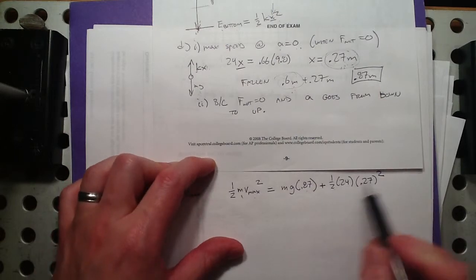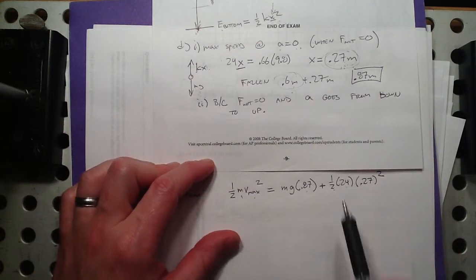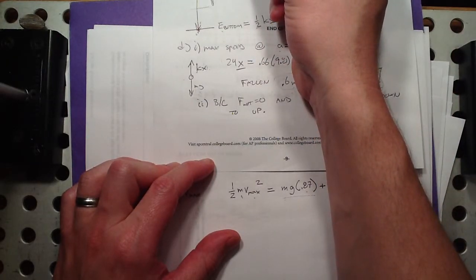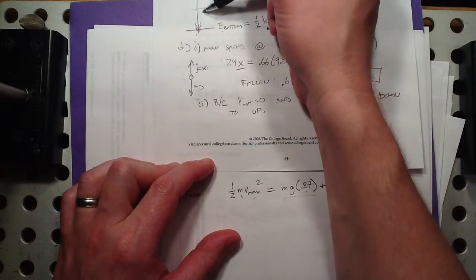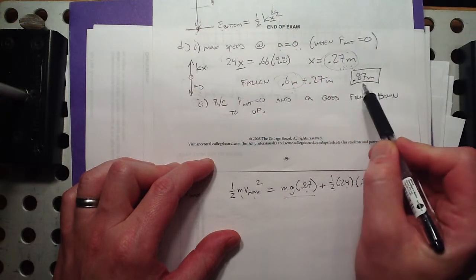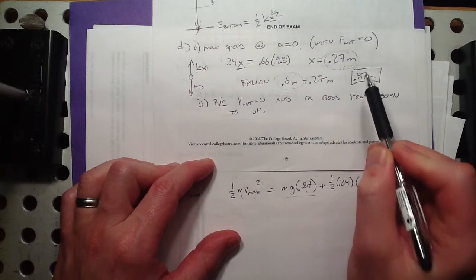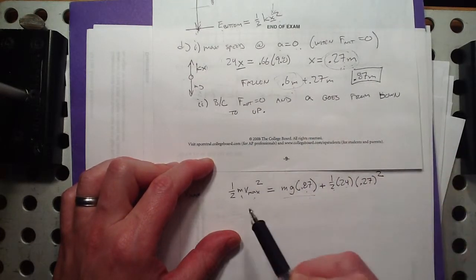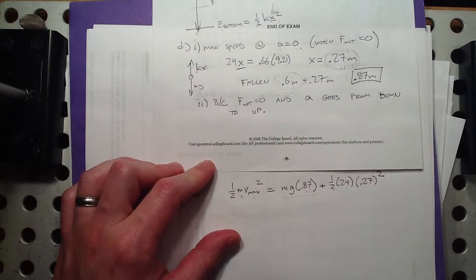So again, if you were wondering why this wasn't a minus, let's think about this for a minute. As the ball drops from rest down to the point here, 0.87 meters down, we know that that's where it reaches the maximum velocity. Now we're trying to figure out what that maximum velocity is.